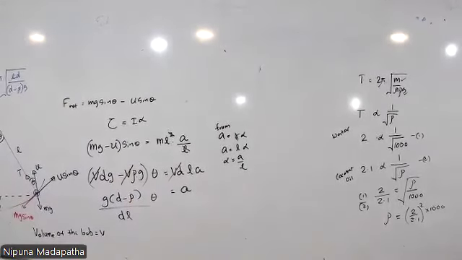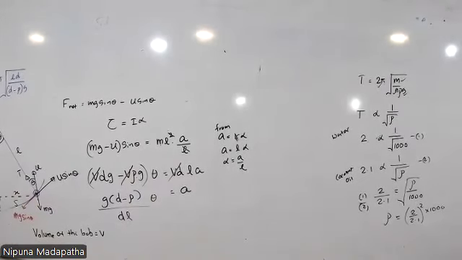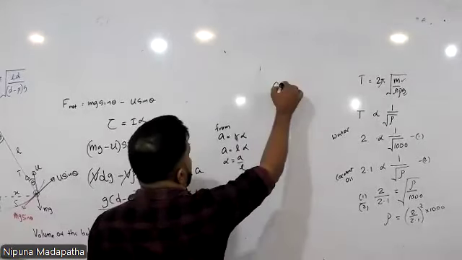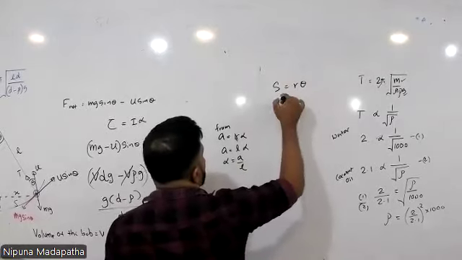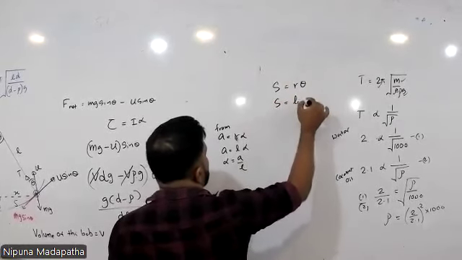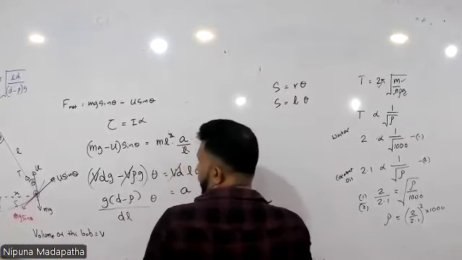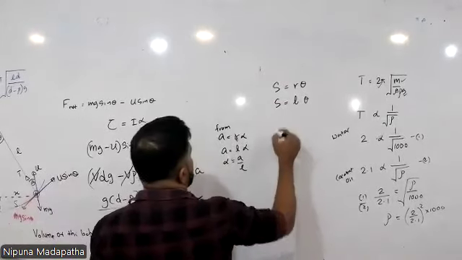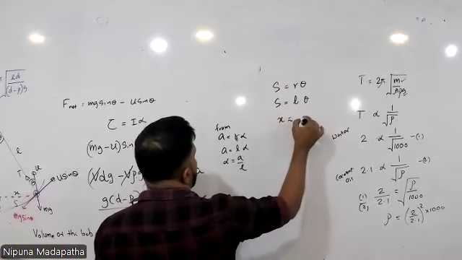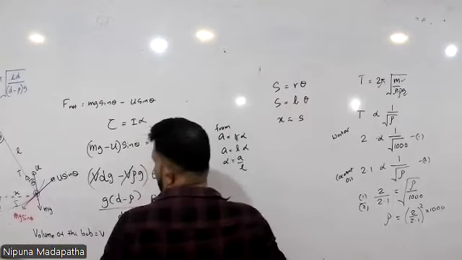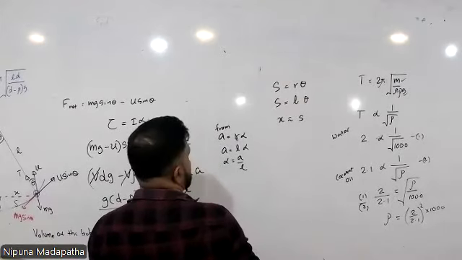So now you can write this theta. Suppose this linear distance is x and the length of the arc is s. So s equals r theta, which is L theta. Since theta is very small, x is approximately equal to the length of the arc.